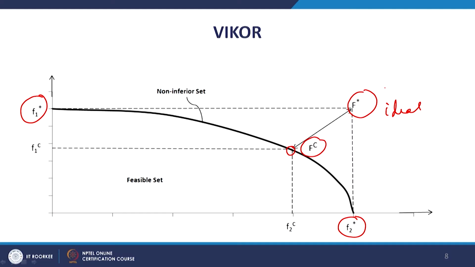This also gives us the feasible set here, and the other part becomes the non-inferior set. Out of all the points which are part of this line, they would become the non-inferior set, and this would be our feasible solution. And as we talked about, the feasible solution should have the shortest distance from the ideal point. This is what we actually do in VIKOR modeling.